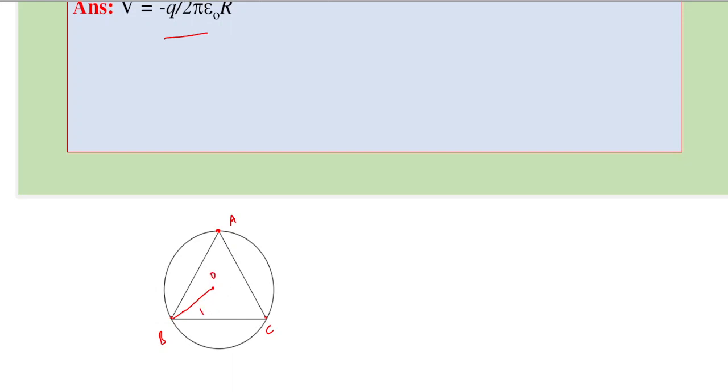Distance from here is R. Now for this triangle, this O itself becomes its circumcenter. A circumcenter is a point where three lines intersect. That is, from point A, if we draw a perpendicular onto the line BC, this would be a line. Similarly, from point B, if we draw a bisector onto the line AC, it would go like this.